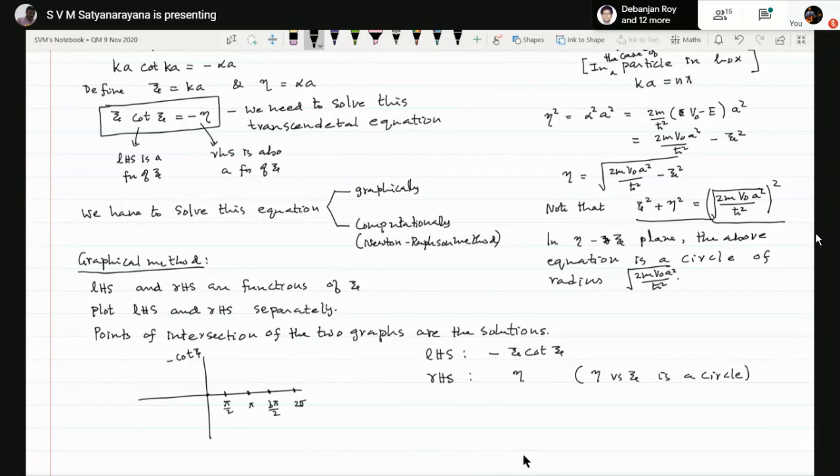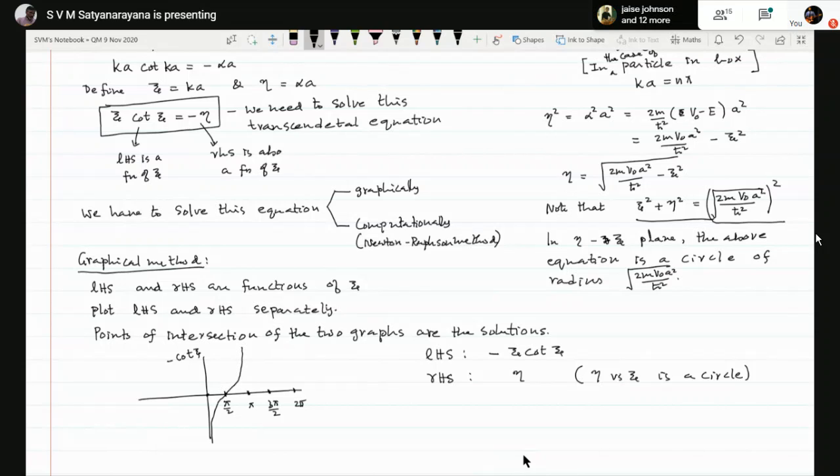Cot 0 is cos 0 by sin 0, that is infinity. But minus cot xi will be minus infinity. And at pi by 2 it should become 0. So this graph will become 0 here, and at pi it goes to plus infinity.